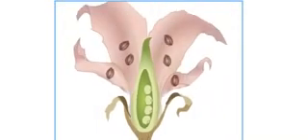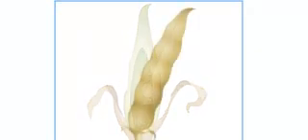Sperm cells from the pollen travel down the sperm tube and fertilize the egg cell. Once each ovule within the ovary contains a fertilized egg cell, the flower's petals wither and fall away. The ovary has become a fruit, and each of the ovules has become a seed. If it lands in the proper environment, each of the seeds can grow into a new plant.